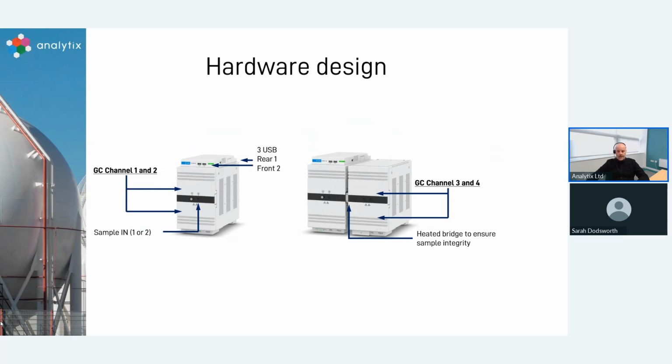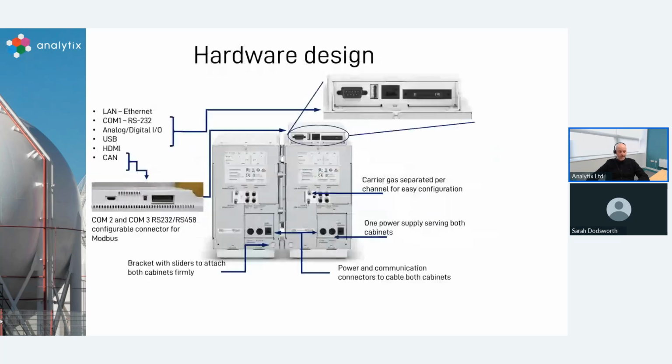In terms of the connections, we can have a carrier gas that connects to the rear, and we can either have a carrier gas for each of the channels. So if you wanted nitrogen or argon on the first one and helium or hydrogen on the second, you can do so. If you have a dual cabinet, you can also connect up the carrier gases for there independently as well. So each of these channels can have a different carrier gas.